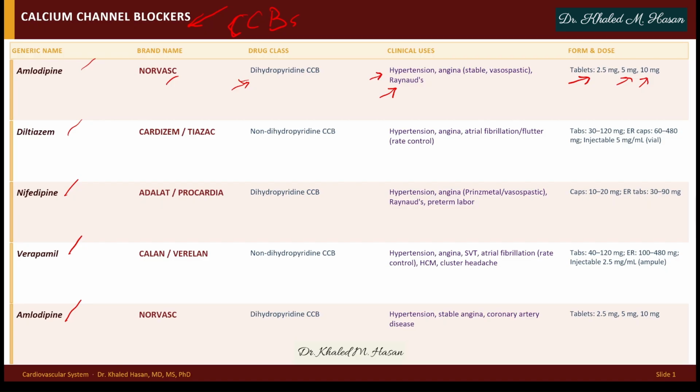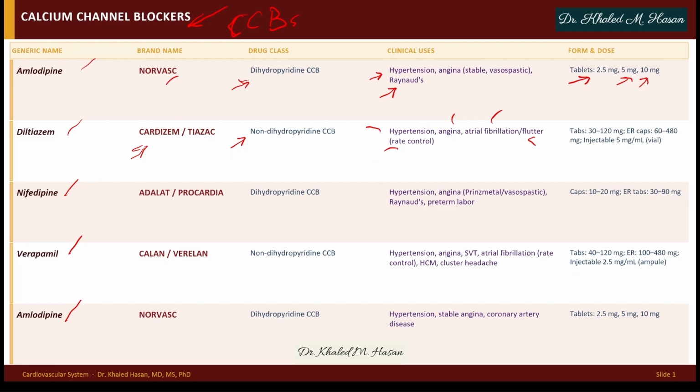Moving to the next medication, diltiazem, brand name Cardizem. Cardizem belongs to a different category, non-dihydropyridine CCB. Diltiazem is used for hypertension, angina, atrial fibrillation, and flutter, and to control the heart rate.